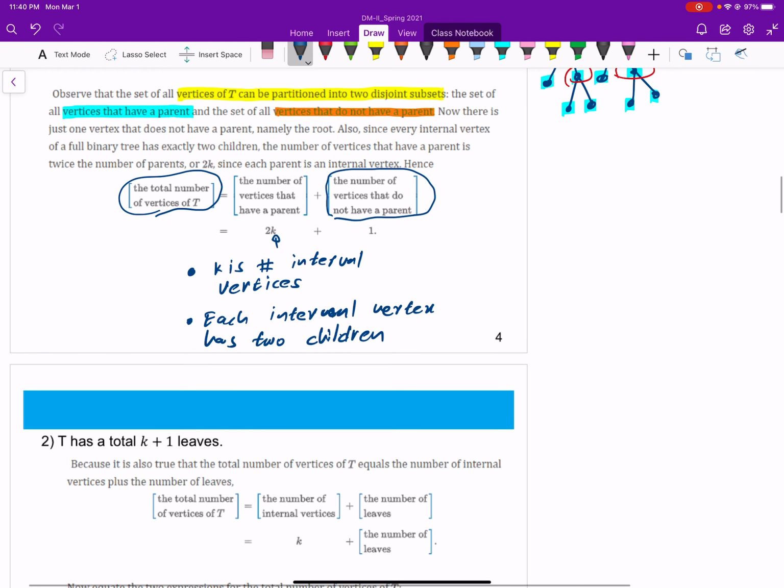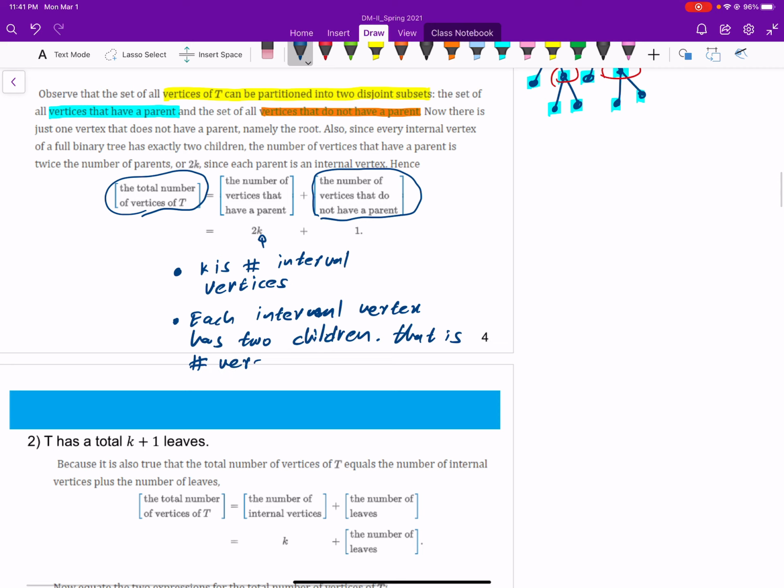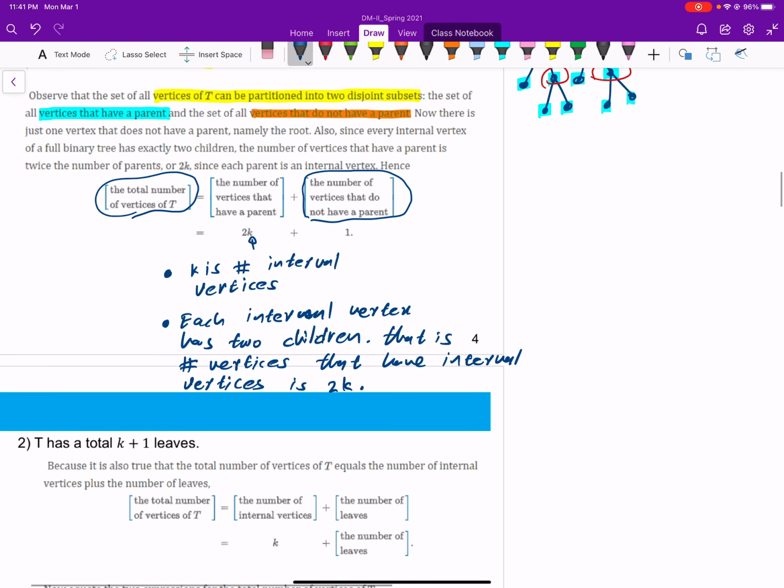All right, that is the number of vertices that have internal vertices as parents, which is 2k.